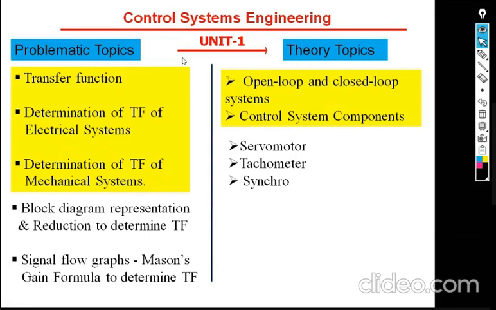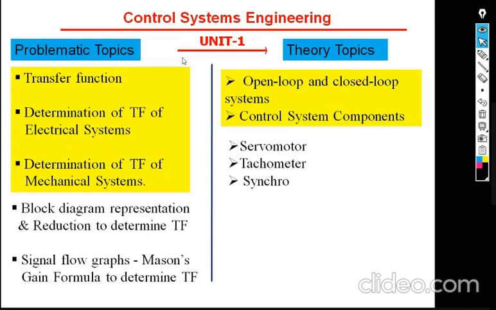What you have done in the previous problems is, in the given system you wrote some equations. After writing those equations you applied Laplace transformations, and based upon the question asked, you rearranged the terms into the ratio of output by input, using simple basic mathematics.